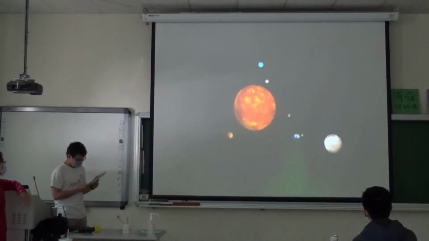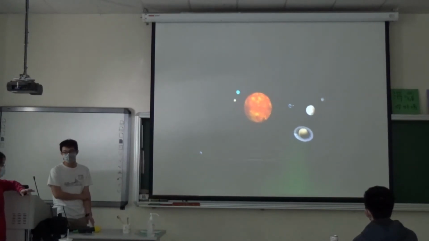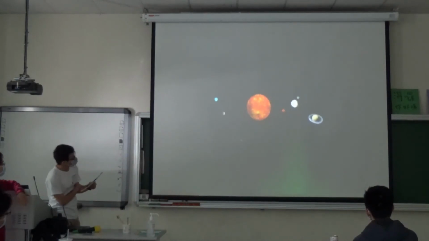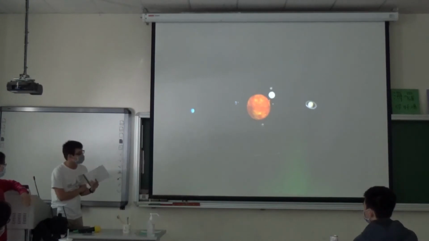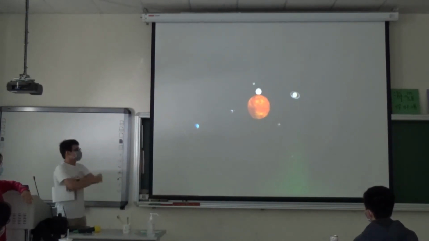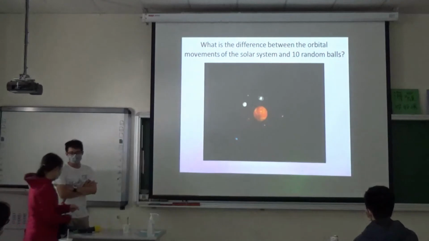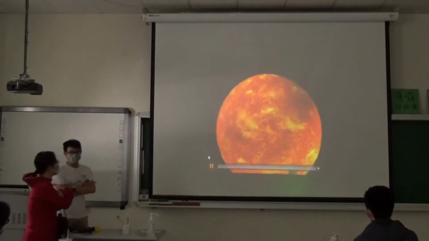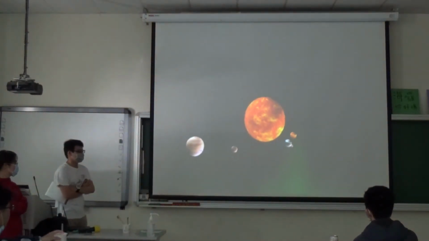Next, their orbits are like circles. Do you think it's normal to see 10 balls like this? Random? If the sun were a random ball, I don't think it would have enough properties to maintain the solar system.